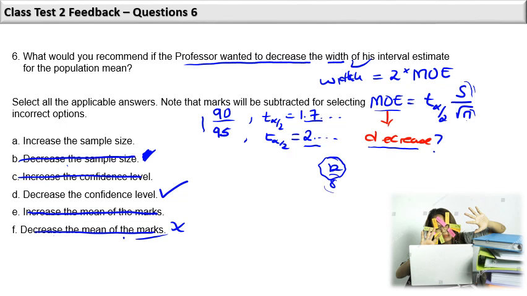So it's incorrect. What the professor should do is increase the sample size, because it will shrink or make the margin of error small. So the two correct options here are A and D. I hope that makes sense.